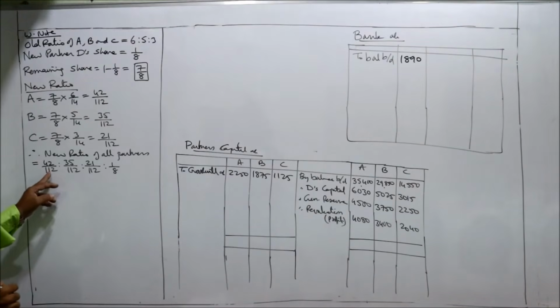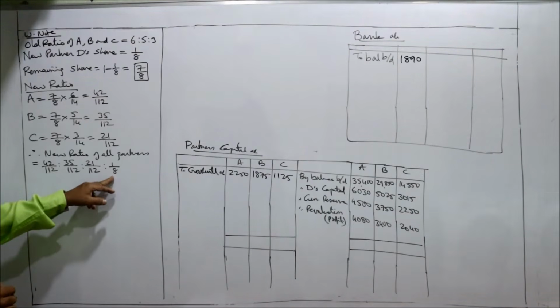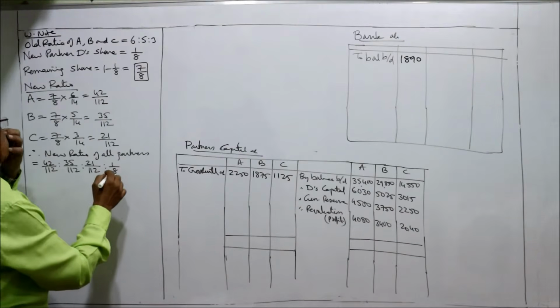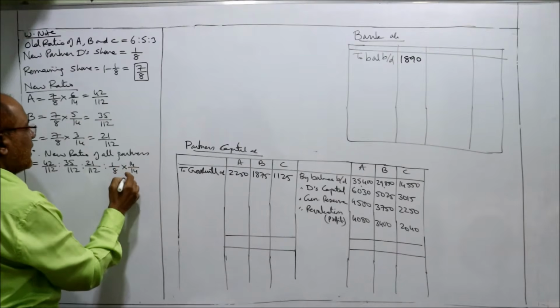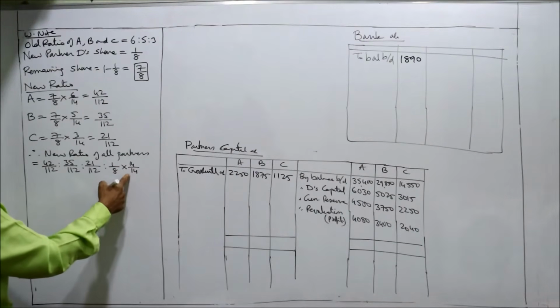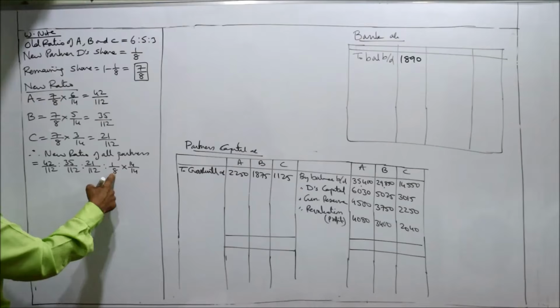Now here the denominator is 112, but here it is 8. So how to convert this 8 into 112? We multiply by 14. Numerator and denominator multiplied by 14, so 8 into 14 you will get 112.